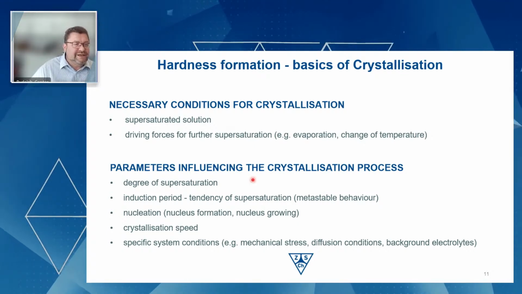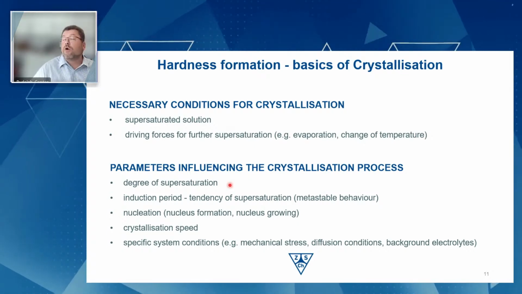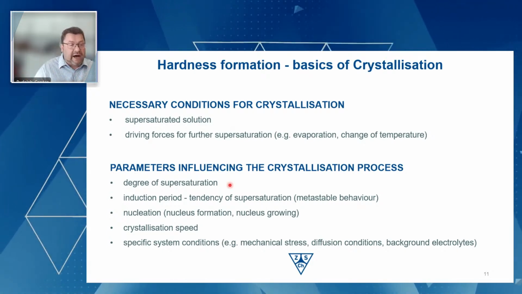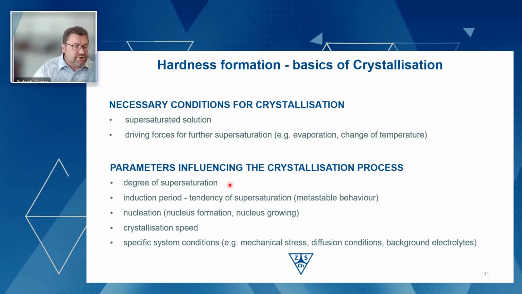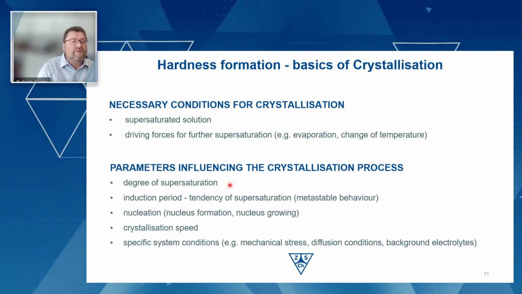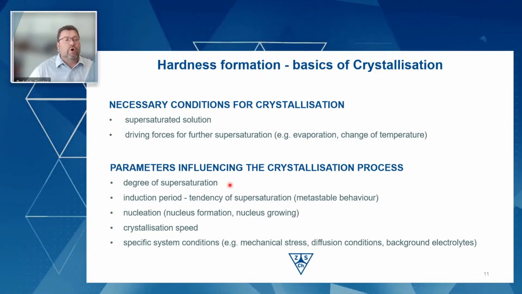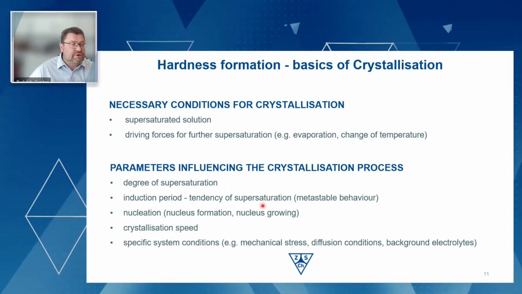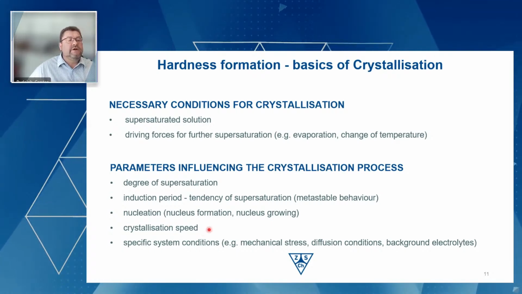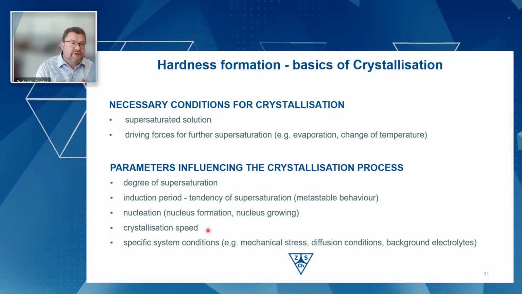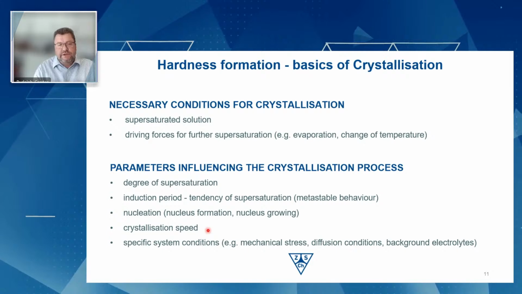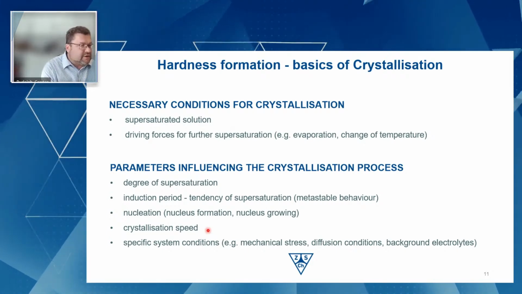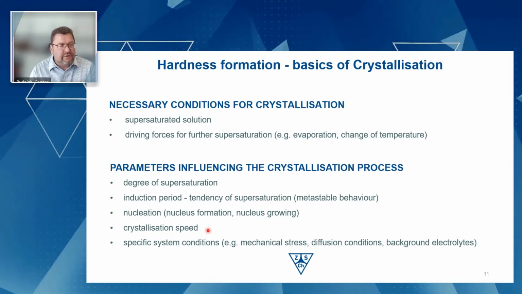And there are a lot of parameters which influence the crystallization process. This is, for example, the degree of supersaturation. Of course, this is obvious. The higher the supersaturation, the higher the probability for crystallization. Other properties are not that obvious. So the induction period or the tendency of supersaturation or nucleation, even crystallization speed is a typical property of different matters. One material crystallizes fast, the second one crystallizes slow.